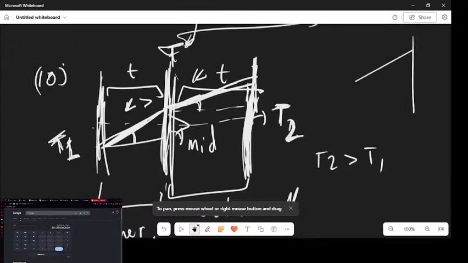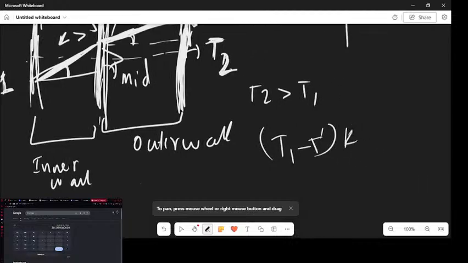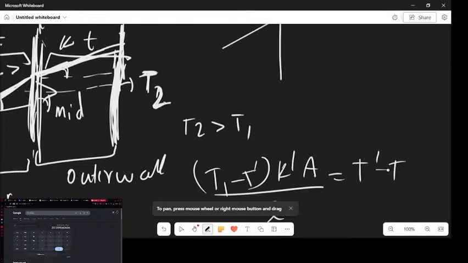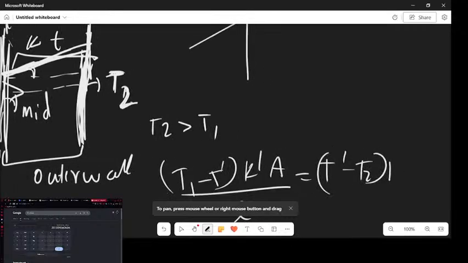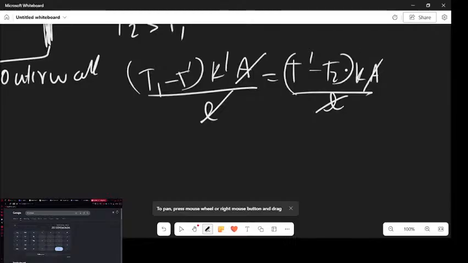Since T2 minus T1 is equal to T1 minus T dash, and for K dash we need to find K A divided by the thickness L, times T2 minus T dash, is equal to K A divided by length.